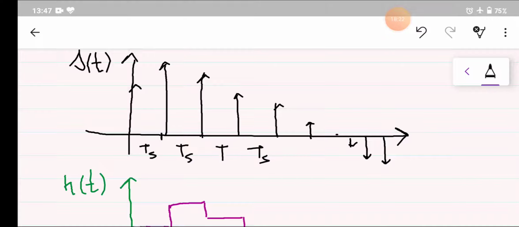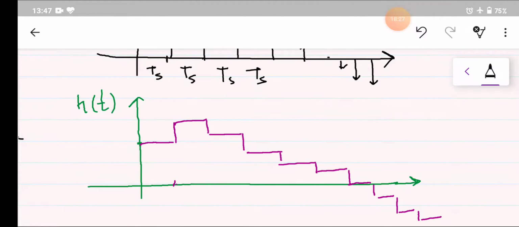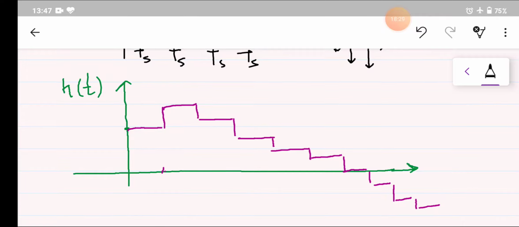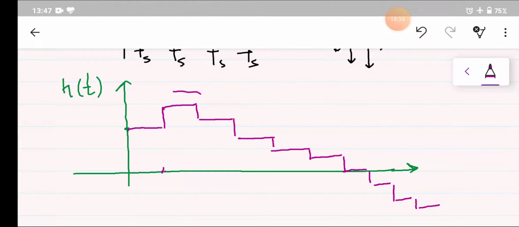So these are all TS values. So for the TS time period the signal is held by the zero order hold circuit. So, as you can see here, this value the signal can hold.